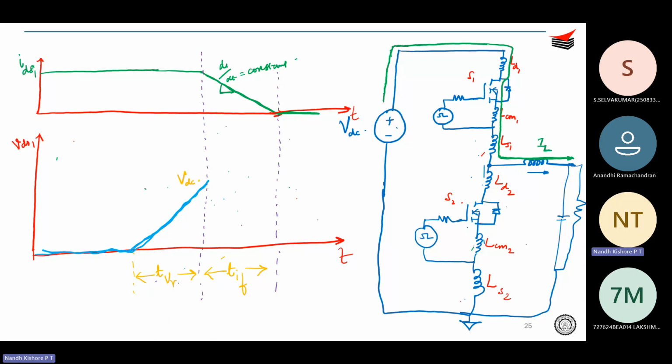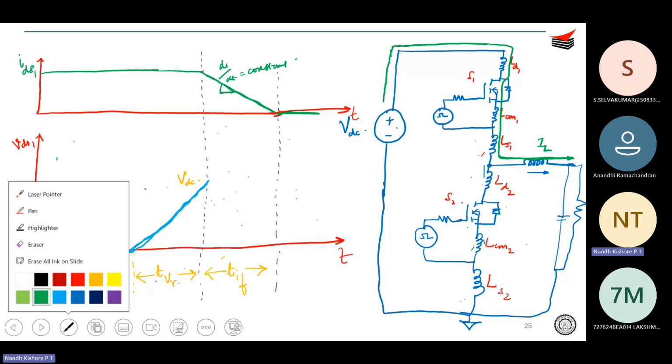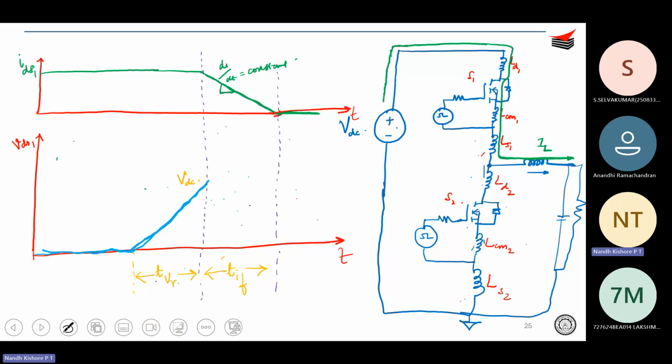So as my IDS1 decreases, what you will see is that IDS2 will increase. Do you agree? As IDS1 decreases, IDS2 will increase so that my total load current IL is a constant. Agreed? Is this agreed by everybody?